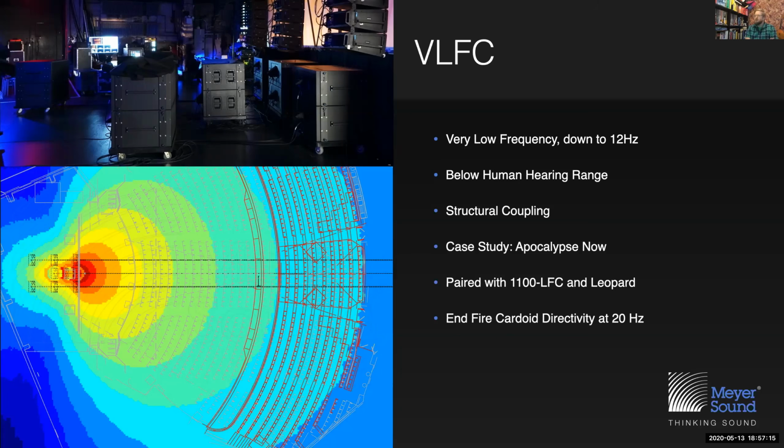And what I ended up designing and recommending was an end fire configuration of a mix of 1100 LFCs and VLFCs. And what's pretty clear once I call it out, thank you, Ryan, is the 1100 LFCs, the normal subs, are in the center. They are spaced about half the spacing of those VLFC rows, which are on the top and bottom, and that's because they're effectively playing half the frequency range.